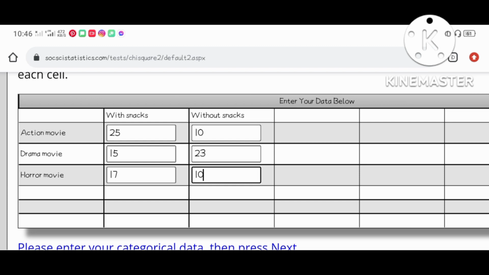In the action movie, there are 25 people who buy snacks, in drama movie 15 people who buy snacks, and in horror movie 17 people who buy snacks. For the Y variable, in action movie we have 10 people who don't buy snacks, in drama movie 23 people who don't buy snacks, and in horror movie 10 people who don't buy snacks.